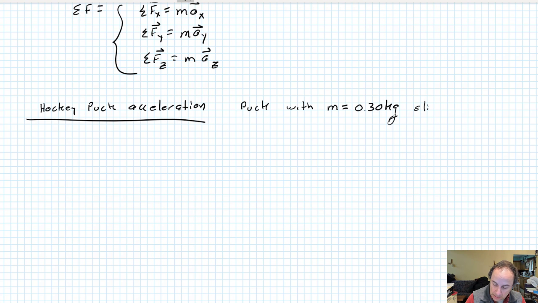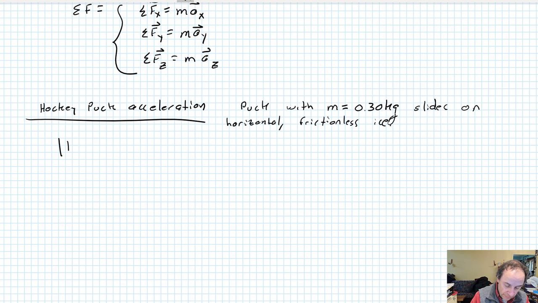It slides on horizontal frictionless ice. All right, so what we're told is there are two forces acting on it.